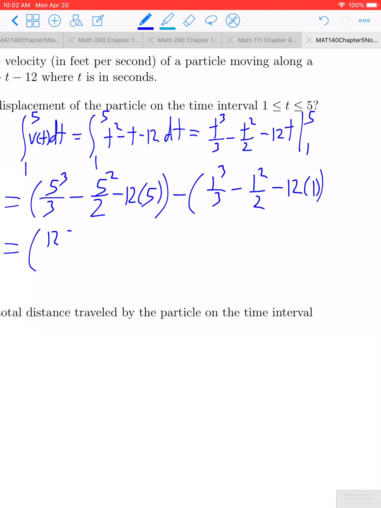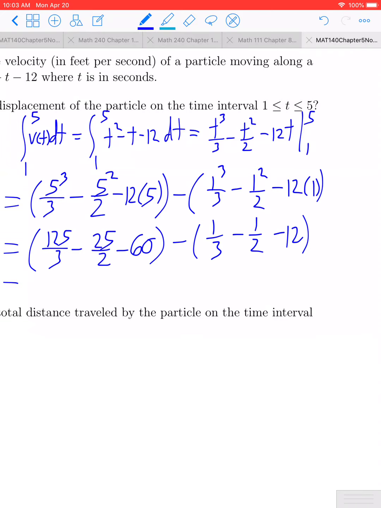This is going to be 125 over 3 minus 25 over 2 minus 60 minus 1/3 minus 1/2 minus 12.